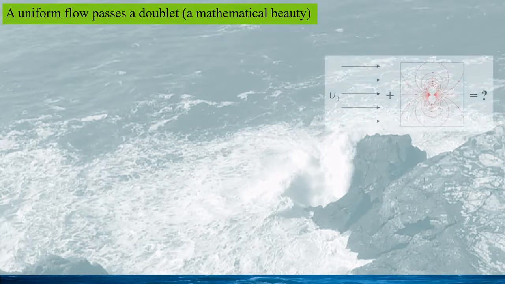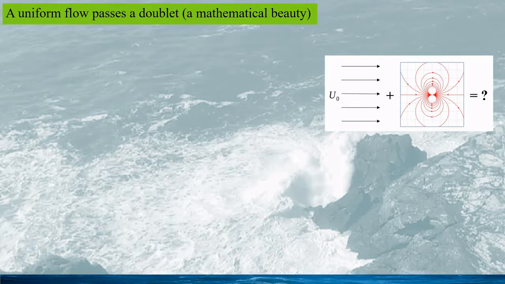In this example, we will see a mathematical beauty for the potential flow of a uniform flow passing a doublet. In polar coordinates, the total velocity potential function is given as this, the superimposition of the uniform flow, this part, and the flow for the doublet, this part.